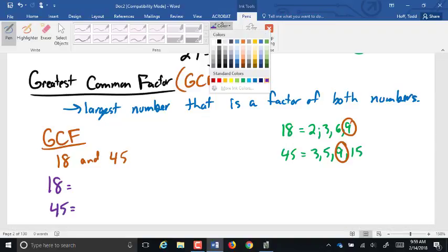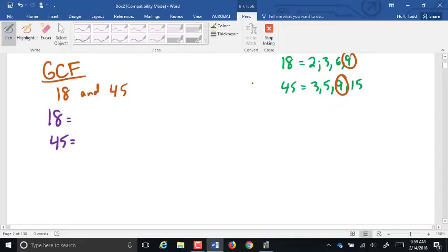We could by prime factoring. So we would prime factor the 18. I might do that as 3 times 6. 3 is prime. 6 is going to split into 2 times 3. So 18 is 2 times 3 times 3.